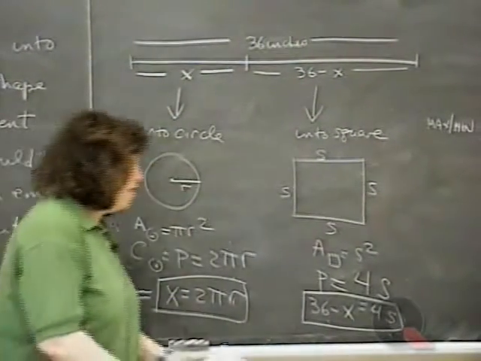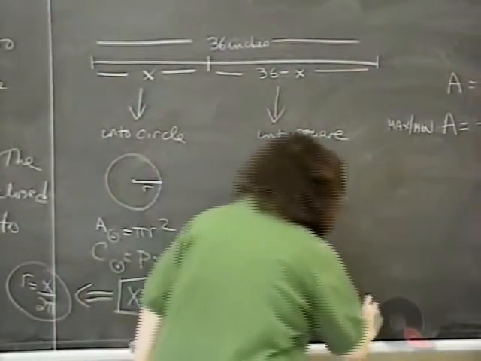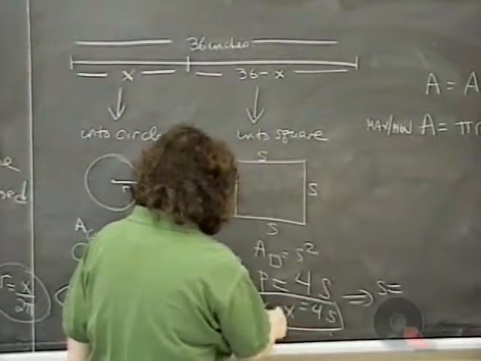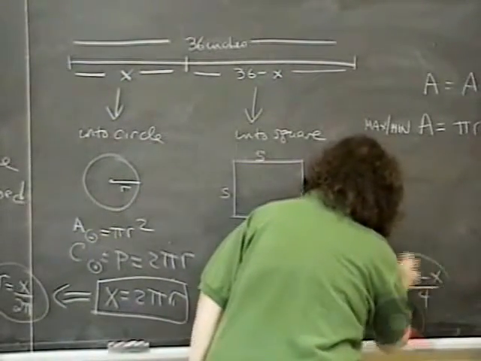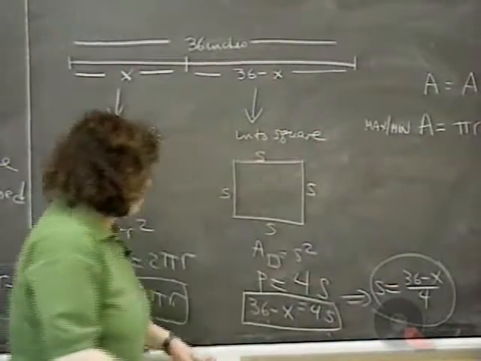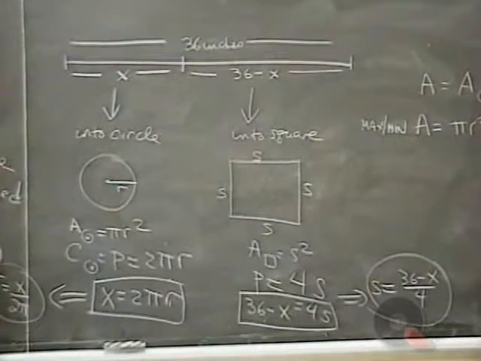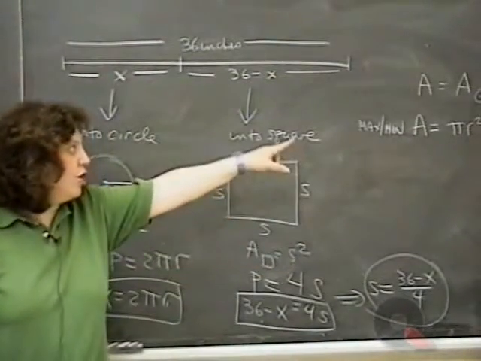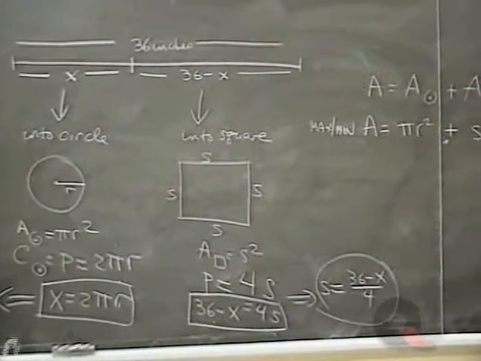On the other hand, since the perimeter of the square was 36 minus x, this leads us to the fact that s is (36 minus x) over 4. So we do have r in terms of x and s in terms of x, so that we'll be able to get A in terms of only one letter, namely x.